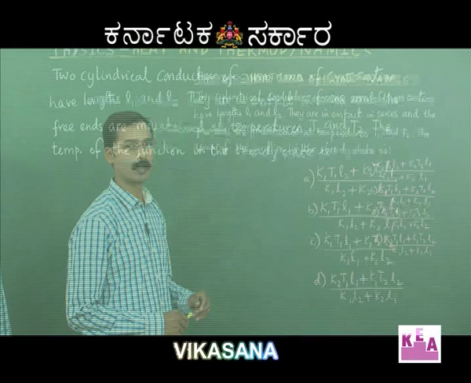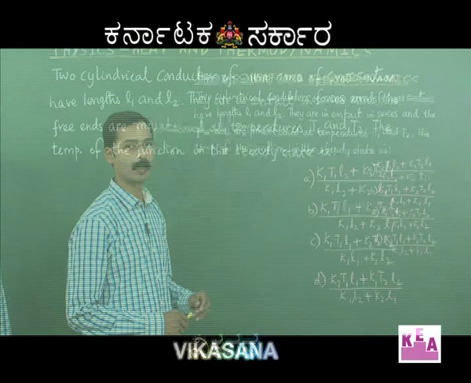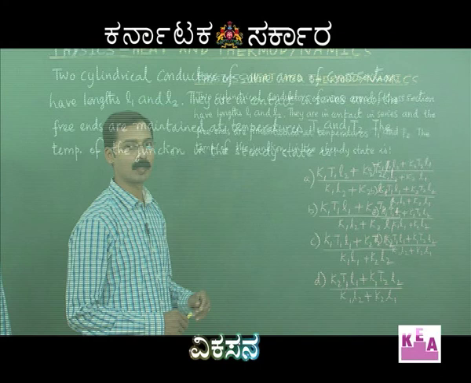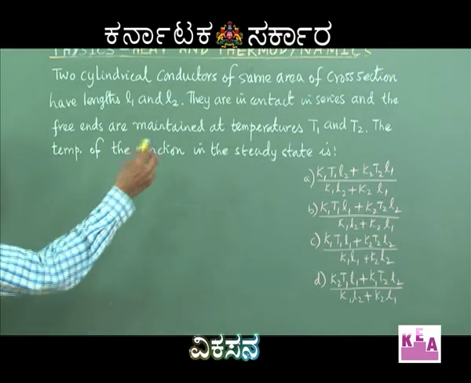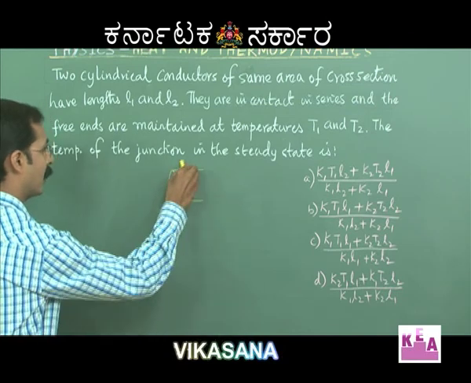The temperature of the junction in the steady state is: K1 T1 L2 plus K2 T2 L1 divided by K1 L2 plus K2 L1; K1 T1 L1 plus K2 T2 L2 divided by K1 L2 plus K2 L1; K1 T1 L1 plus K2 T2 L2 divided by K1 L1 plus K2 L2; K2 T1 L1 plus K1 T2 L2 divided by K1 L2 plus K2 L1. These are the options. The problem states that we have a conductor like this. Let us call this conductor A.